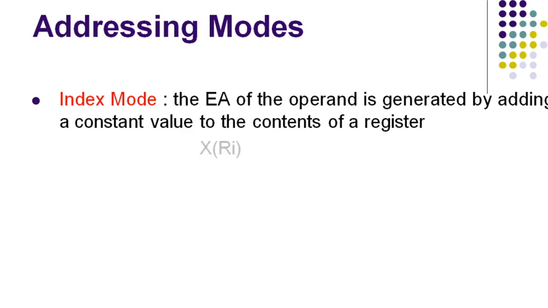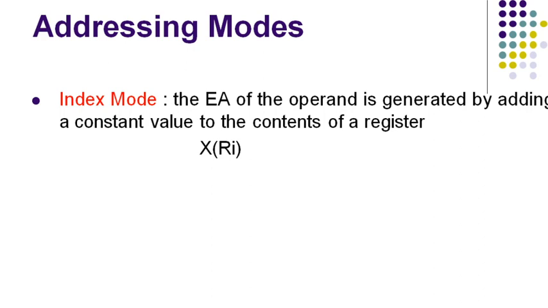The register used may be either a special register provided for this purpose only, or it may be any one among the general purpose registers that are present in the processor. In both the cases, it is referred to as an index register. We indicate the index mode symbolically as X(Ri), where X denotes the constant value retained in the instruction and Ri is the name of the register involved.